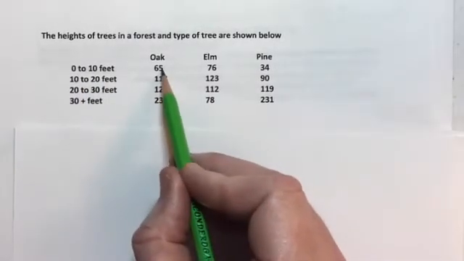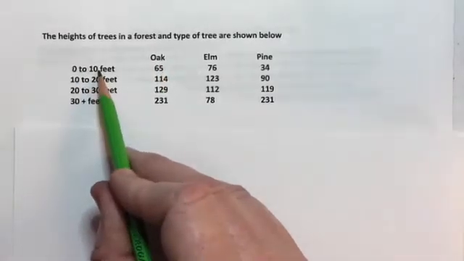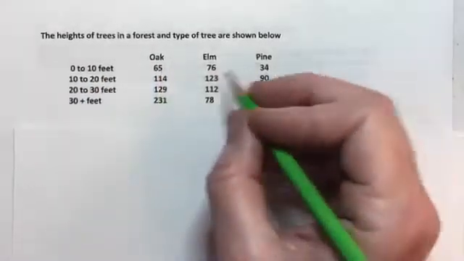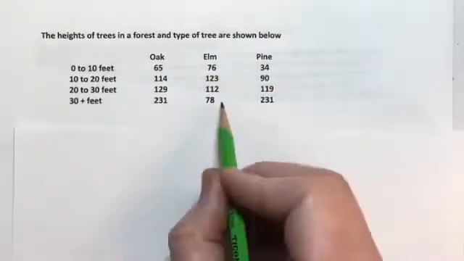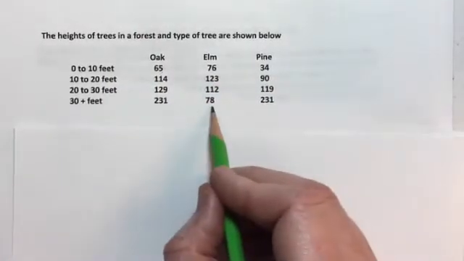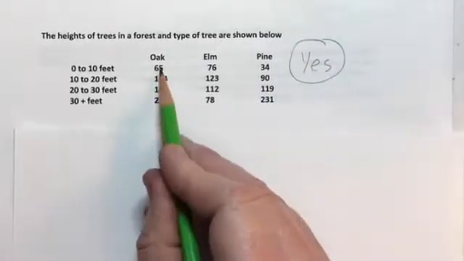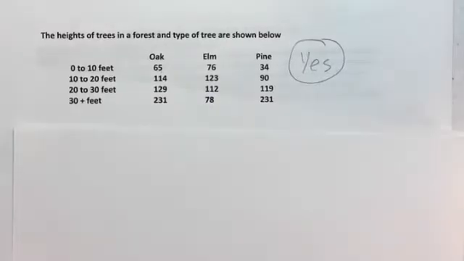This number is not the height of a tree. That is the number of oak trees that are between 0 and 10 feet tall. There's 65 of them. These numbers are counts in categories. There's 78 elm trees that are more than 30 feet tall here. Yes, this is a chi-squared situation because the numbers are counts in categories.